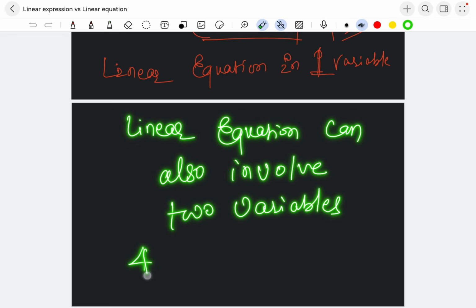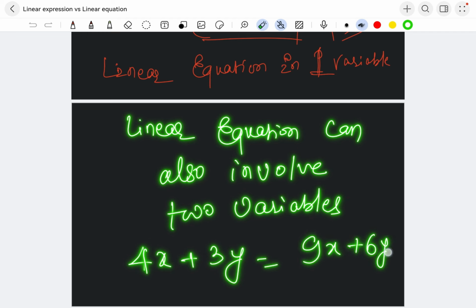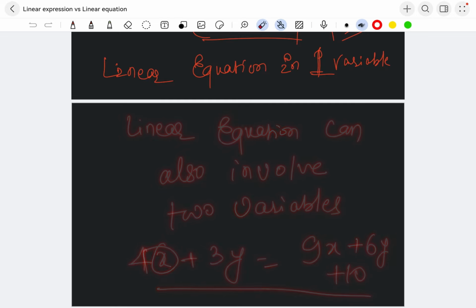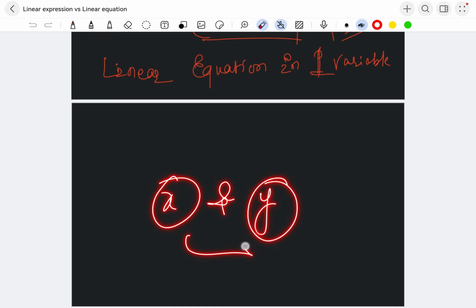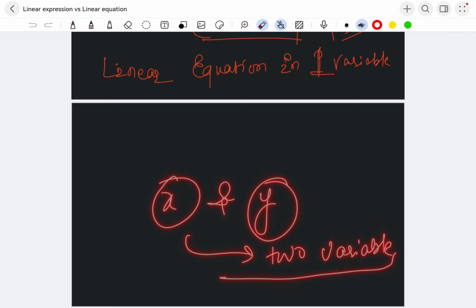That means 4x plus 3y is equal to 9x plus 6y plus 10. Here x and y are separate variables involved in that equation. So this is known as a linear equation in two variables. We will be discussing this in another class.